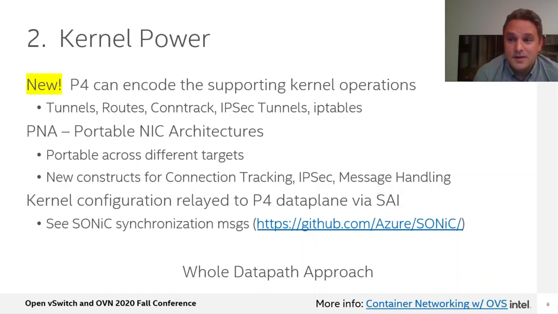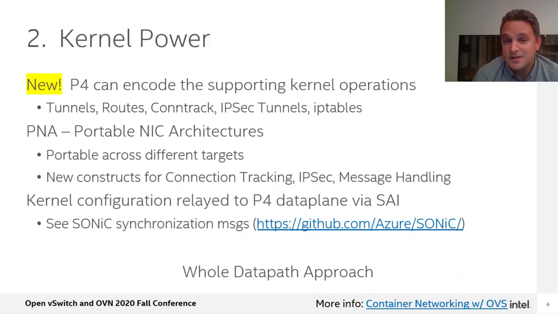And the second thing is something that's been done for a while now, is that if there's something in the kernel that has been programmed, we can sort of snoop that over netlink and program that through into the P4 pipeline. And we use the method that is currently used in SONiC, where something happens in the kernel, and you pull that and program it through SAI. SAI is the switch abstraction interface.